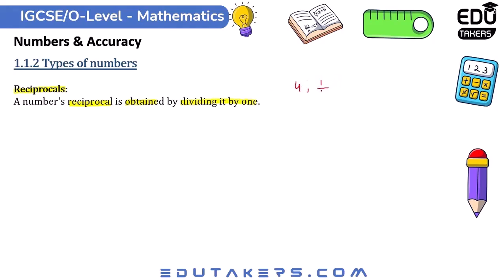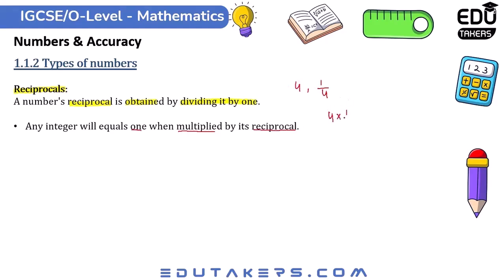So it will be 1 over 4. Any integer will equal 1 when multiplied by its reciprocal. So let's multiply 4 with its reciprocal, which is 1 over 4. Now this 4 will be cancelled with this one, and the answer is 1.